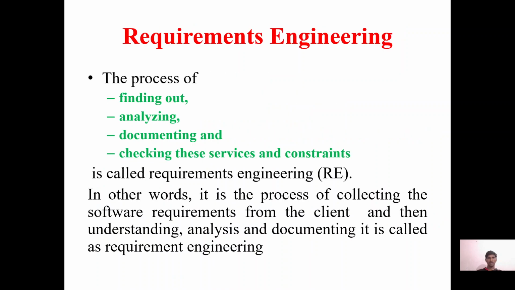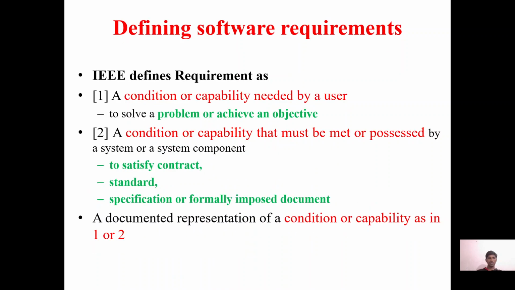According to IEEE, the software requirement is defined in 2 points: a condition or capability needed by a user, and a condition or capability that must be met or possessed by a system. The condition and capability needed by the user are for what?